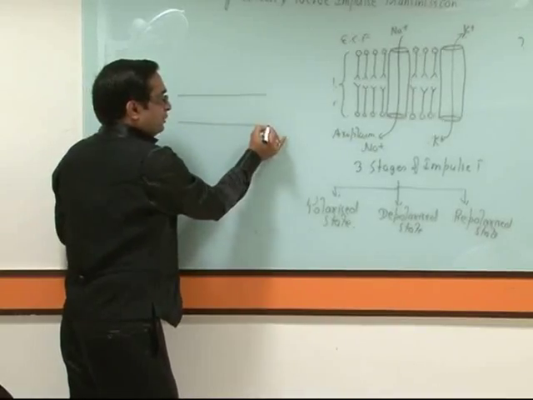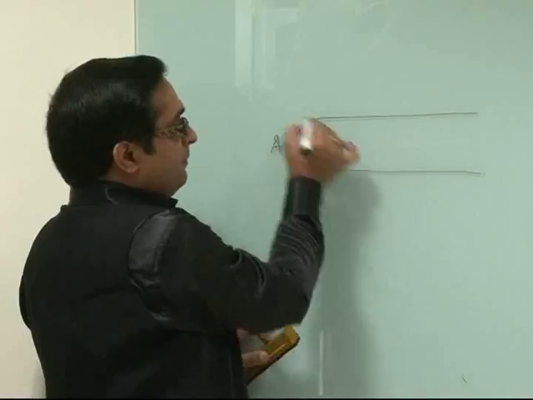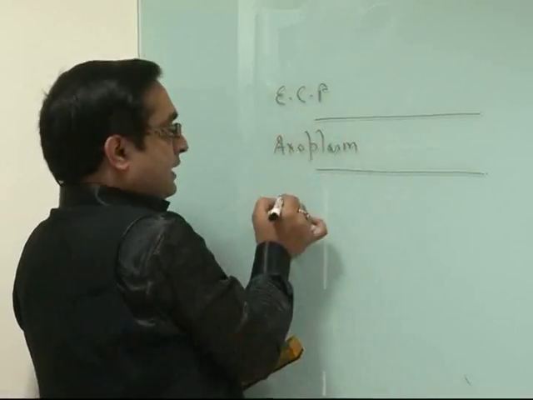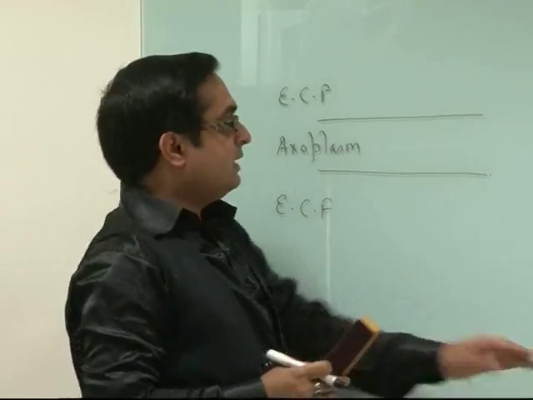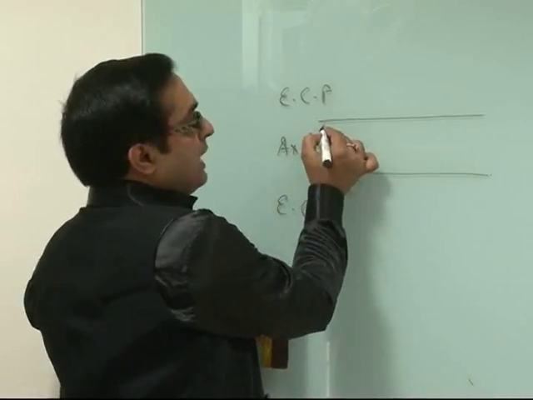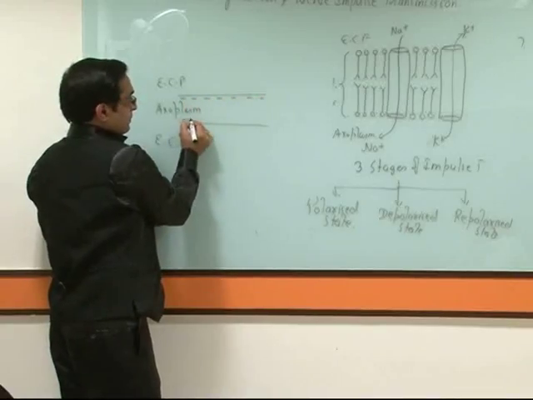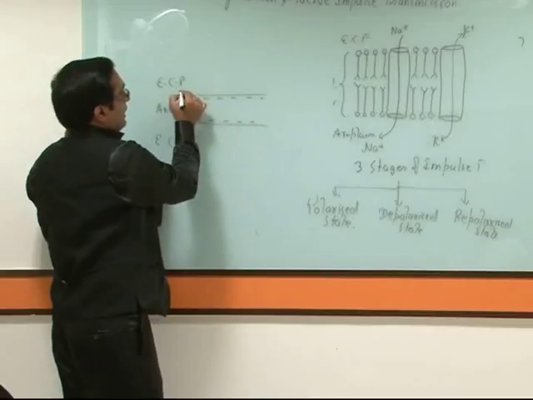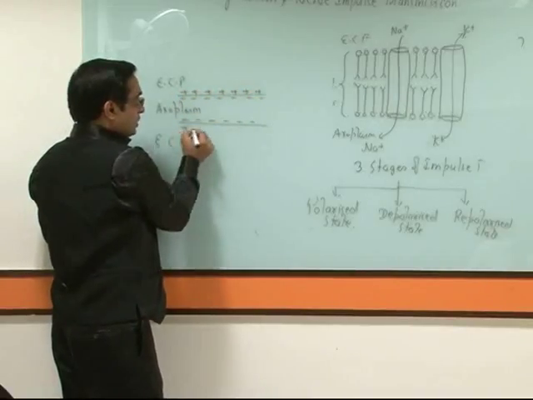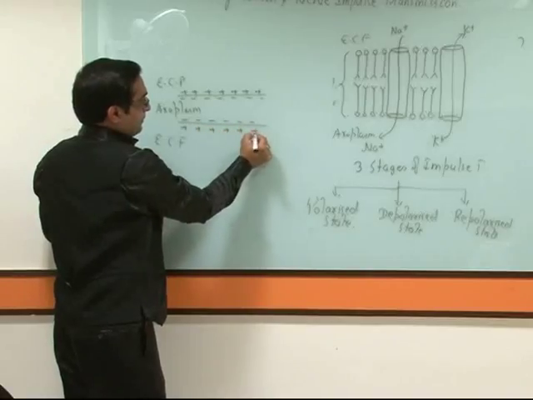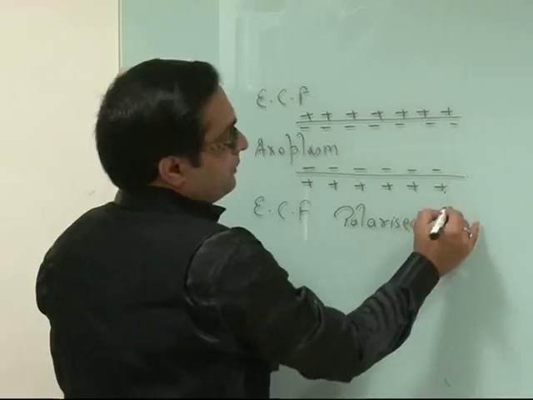This is axon. Inside the axon, we have axoplasm. Outside, it is ECF. Now, during normal polarized state, inside of the axolemma is negatively charged, and outside of axolemma is positively charged. This diagram is of polarized state.